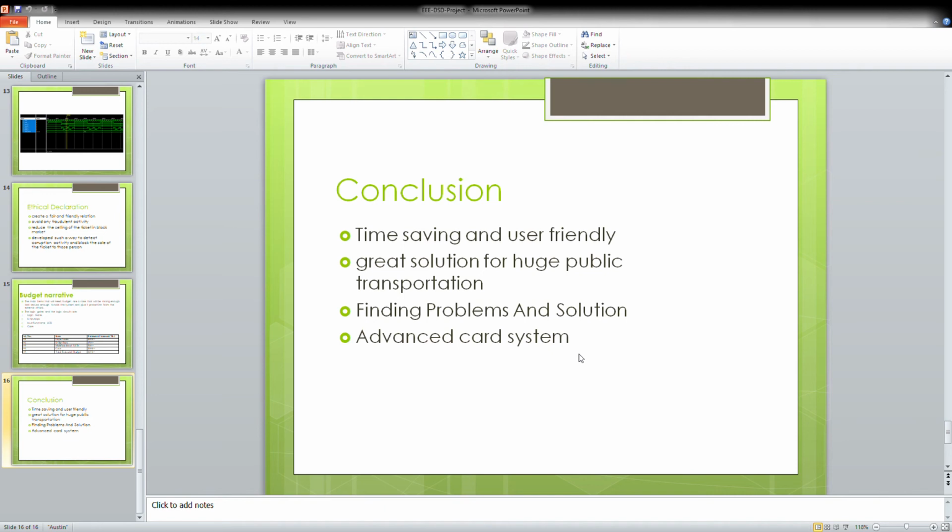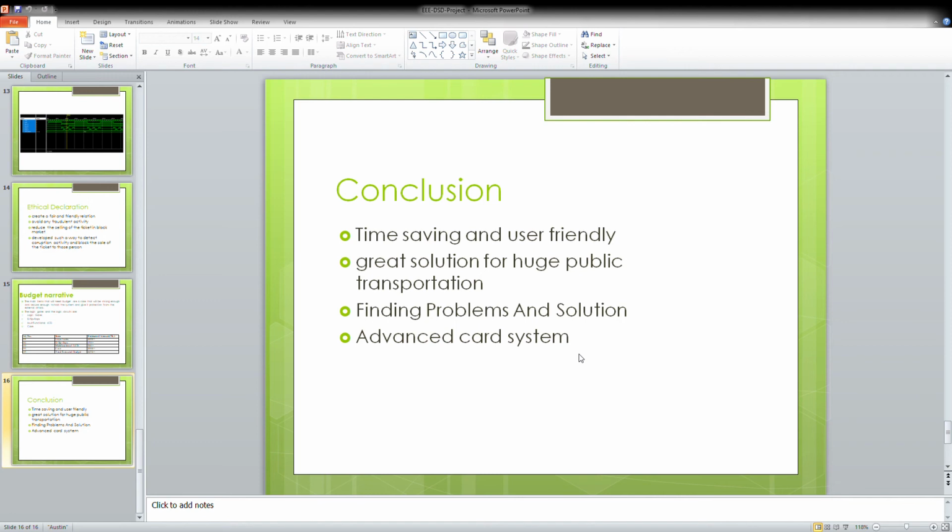Finding the problem and solution. We need to find what the problem is in our public transportation, in the ticket counter, in the road system, so that we can identify the problem and solve it. In future, we can use a card system. That means we don't need to put in taka.